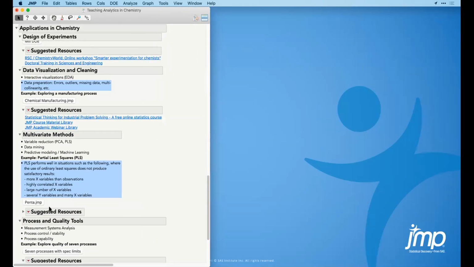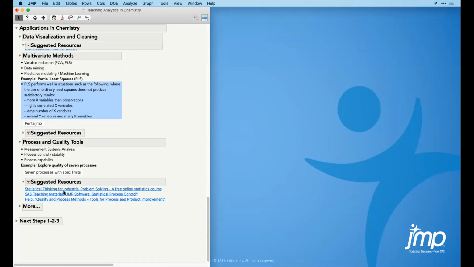And I just want to refer you to these resources here, where you can learn more about this application area, process and quality tools. And there's also a module in the STIPS, the statistical thinking course, I really recommend.